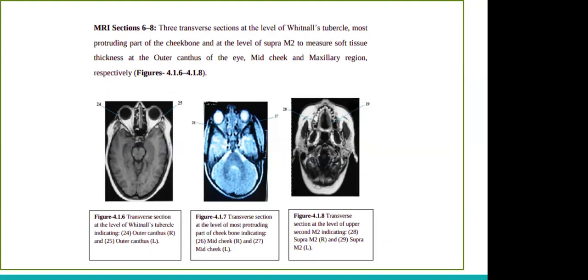Considering that there is a huge variety in the transverse regions, a transverse section is the section that divides the body into two halves, upper and lower. One plane would go at the level of Whitnall's tubercle. I'm not sure, have you read the bones of the skull so far?